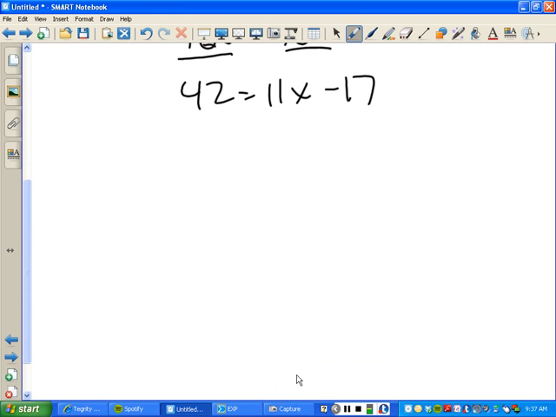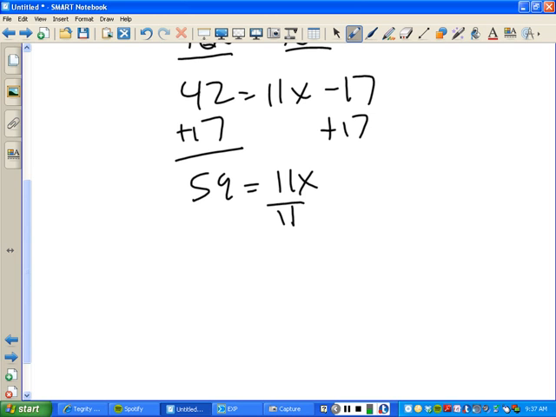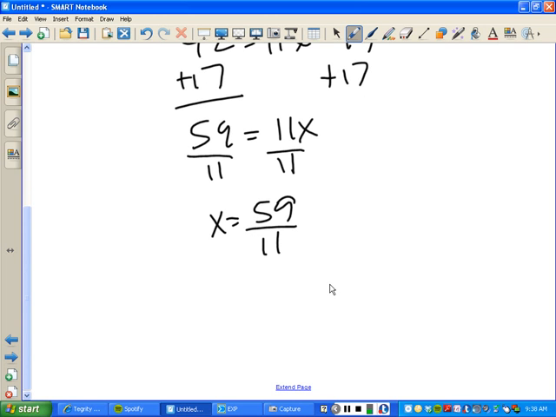If we add 17 to both sides, you'll get 59 equals 11x. You'll divide by 11, and you'll get x is equal to 59 over 11. Now, you may ask yourself, does that reduce? The answer is no, it does not. Some people will say, well, 11 goes into 55.